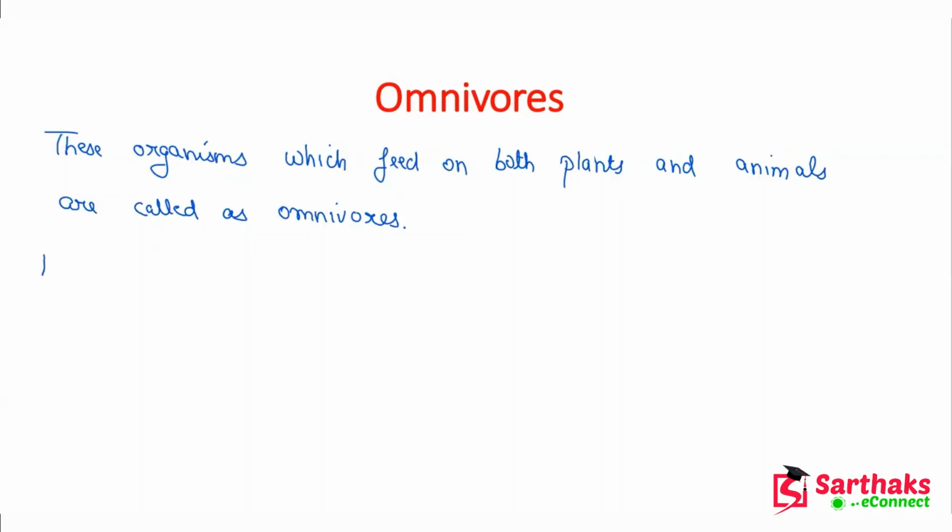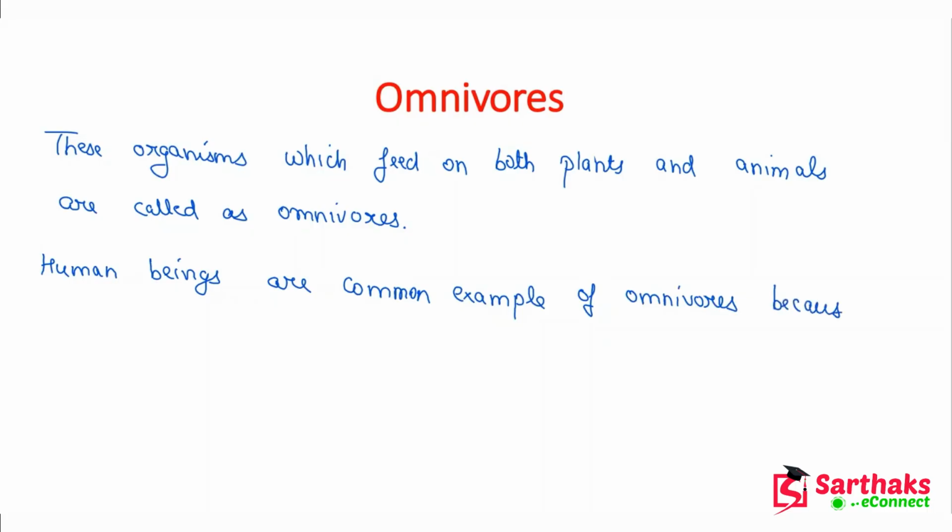Human beings are a common example of omnivores because they eat both plants and animals.